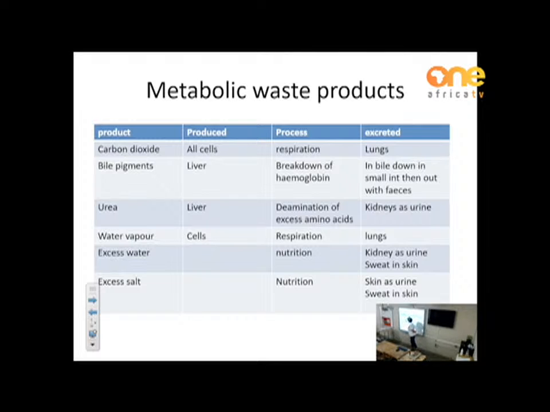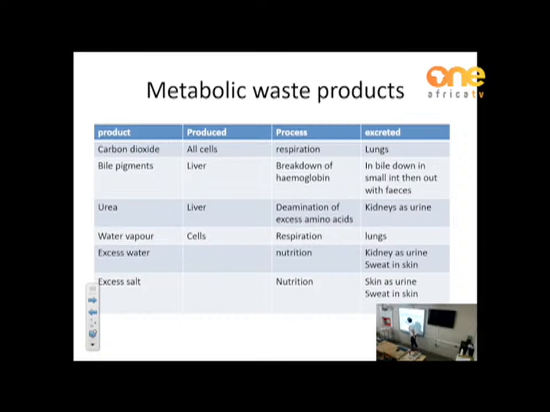Bile pigments are produced in the liver. What is bile pigments? It is the breakdown of hemoglobin, those old, worn-out red blood cells. What happens in bile? It will move into the small intestine and then out with the feces. And if you can remember, it is the bile pigments that also give the color to the feces.